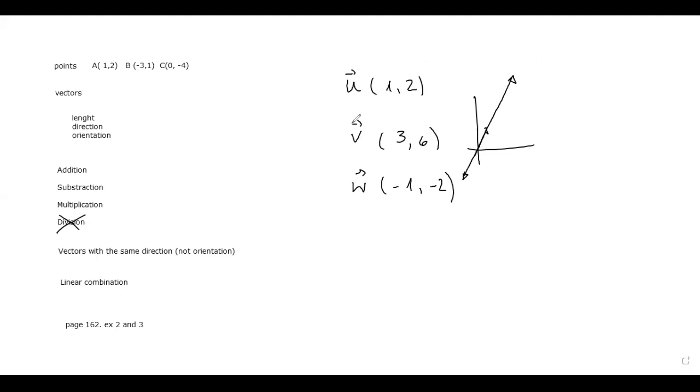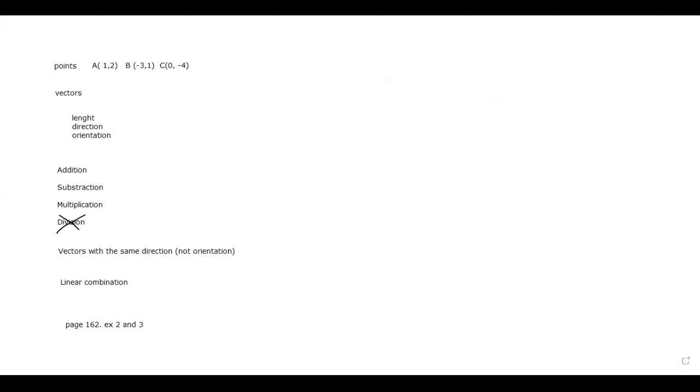So here it's clear what we have to do, but it's not always as clear as this. So to do it, we have one kind of trick to find it out, which is like this. If I want to know if two vectors have the same direction, and let's say, for example, this is one vector, and the other one is like this, what I have to do is compare the two components, x with x, y with y.